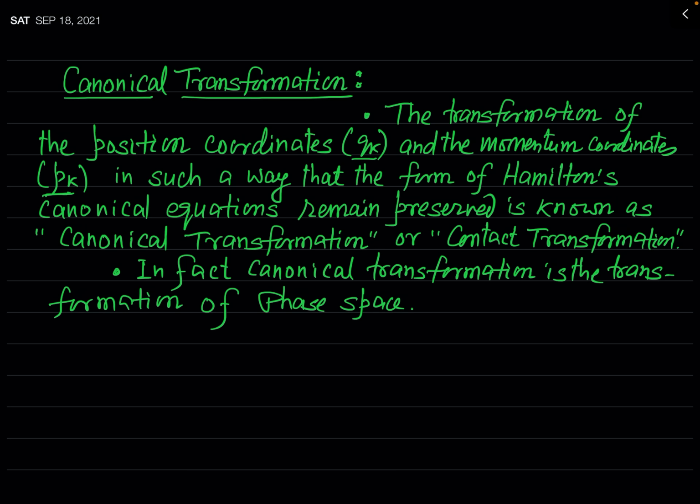It means when you change the small qk and small pk into the new coordinate system, the transformation should be in such a way that the form of Hamilton's canonical equations of motion in the new coordinate system must be the same as it was in the old system.